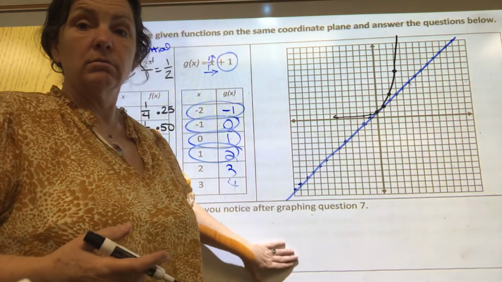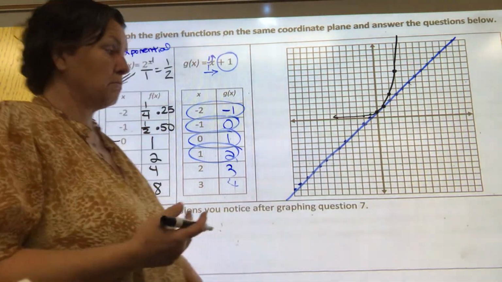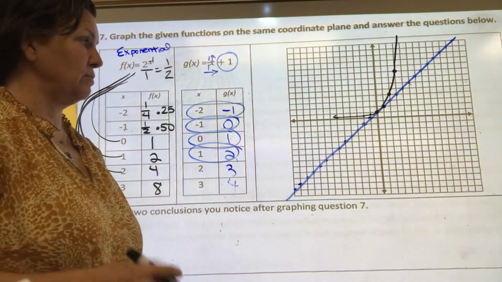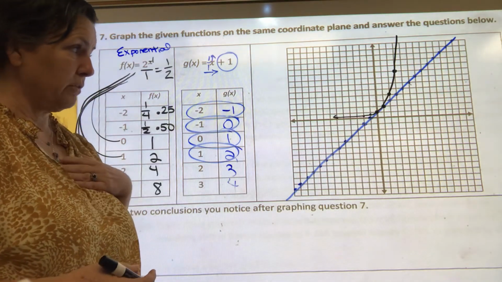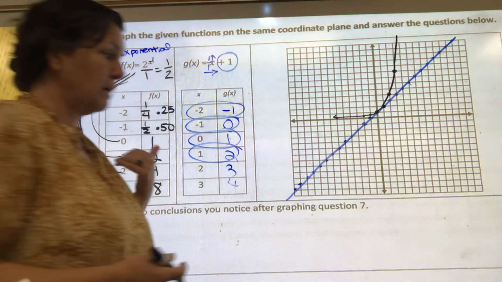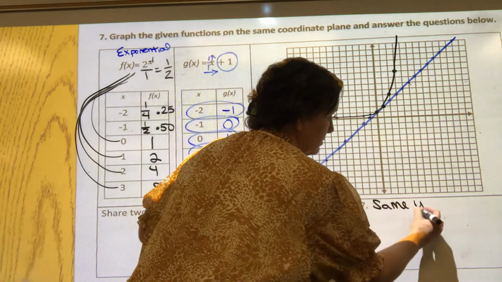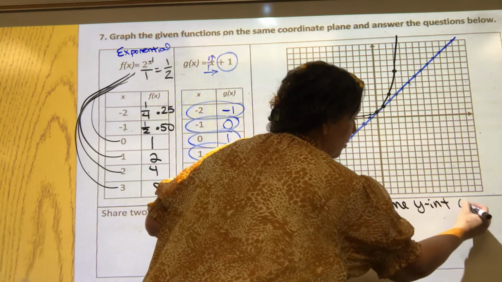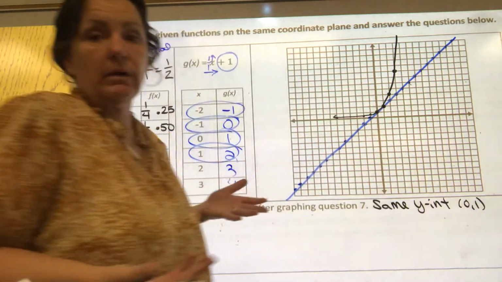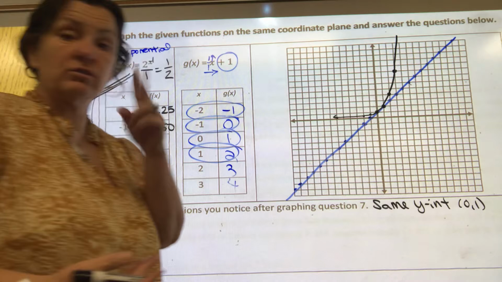Now, there's this next question. Tell me some facts that you see. Well, first of all, there's some interesting things. They both have the same y-intercept of 0, 1. That might be important. I don't know. They have 2 intersection points.